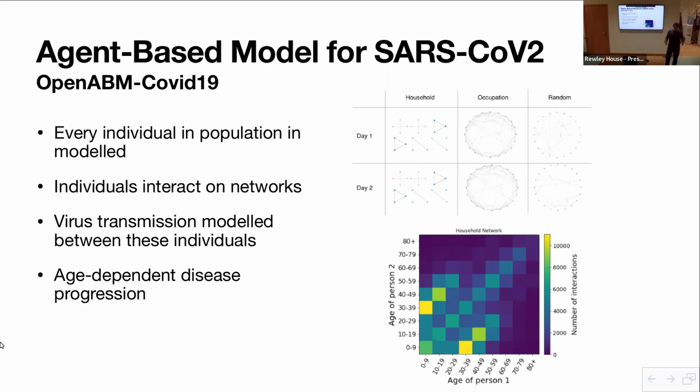A lot of the most infectious diseases will spread at home, because those are the people you have closest contact with. But then people go to school, people go to work, and then you meet people randomly on the street and in shops and things like that. So we had to model all these different types of interaction.